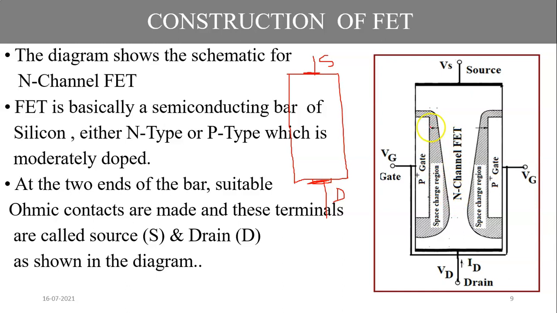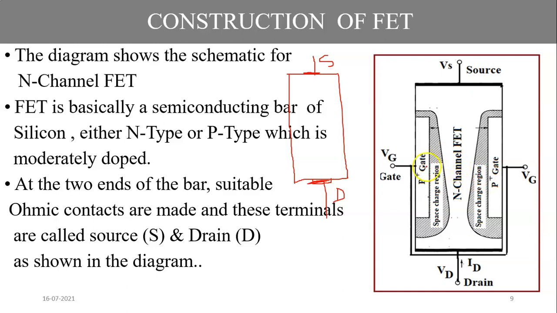And in this semiconducting bar, at the lateral sides near the source, we dope P-type material on both sides. This is for an N-channel FET; if I consider a P-channel FET, then I dope N-type material.